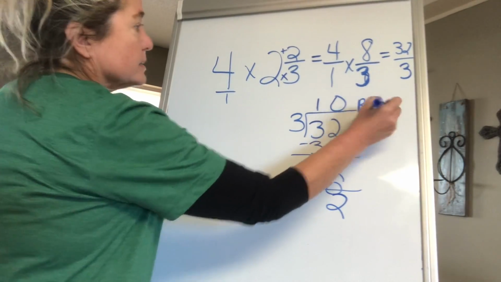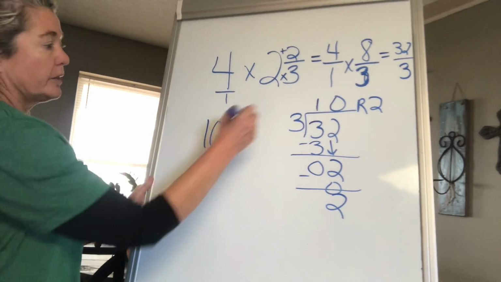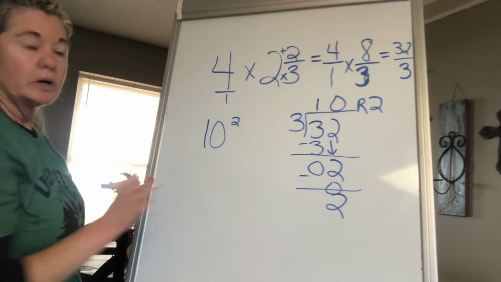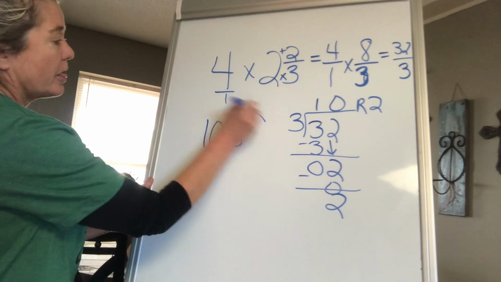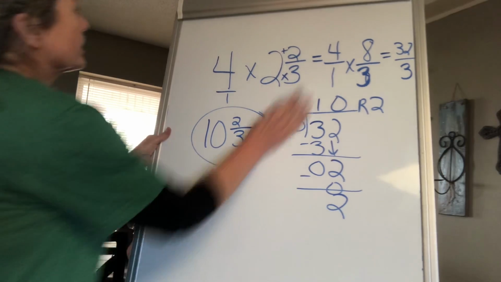So we get 10 whole ones with 2 left over, and we were dealing in thirds. So Claire collected 10 2/3 kilograms.